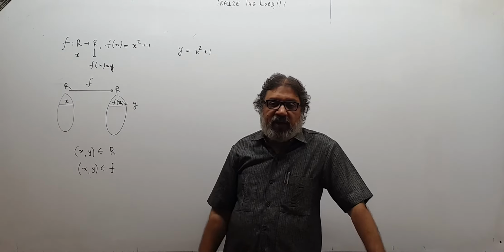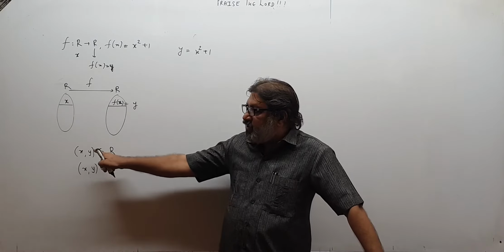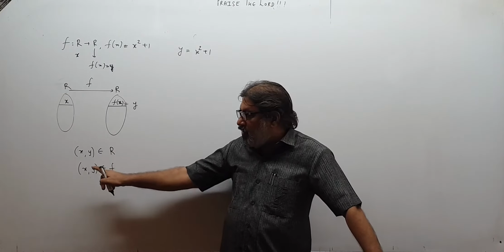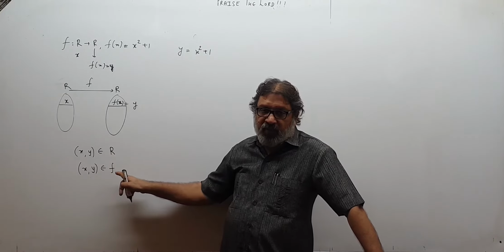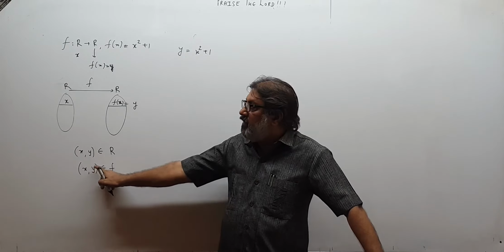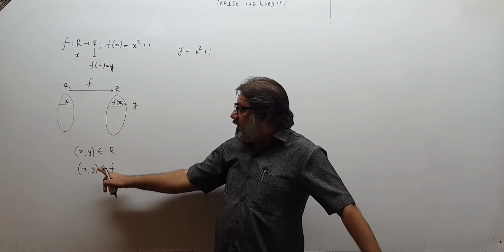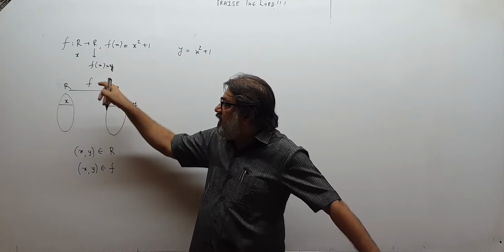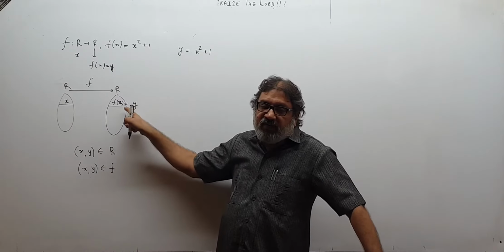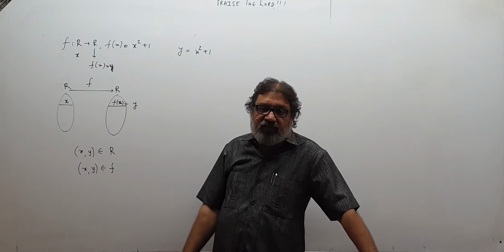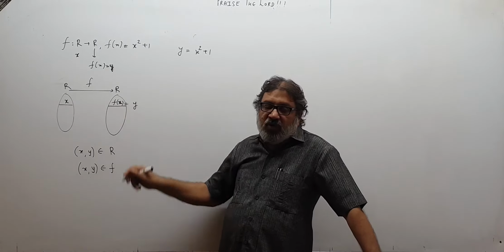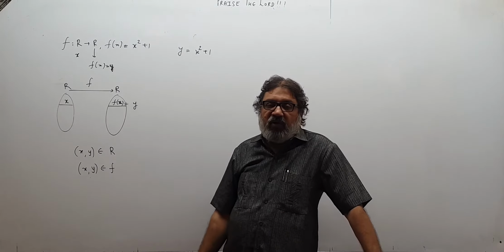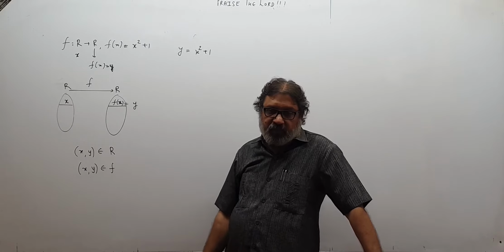Because when we were talking of relation, we said ordered pair (x, y) will belong to R or ordered pair (x, y) will belong to function. So the first element is x coming from the first set and the second element is y coming from the second set. Whatever values of the second set are there, we are calling them f(x), the values of the function. So wherever there will be f(x) from now on, we will be calling it y.